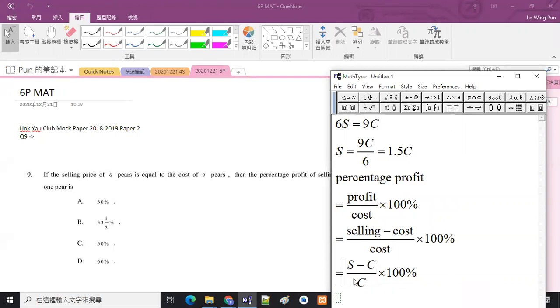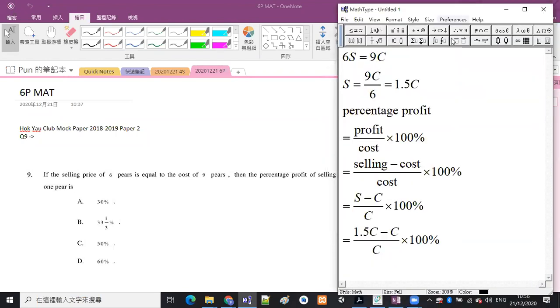So now, going back to the main question, I'm going to find the percentage profit. So it is now S minus C over C times 100%. Then the S is changed to 1.5C, and then minus C over C and then times 100%. I just use my preparation that S is equal to 1.5C, to be substituted into this equation.